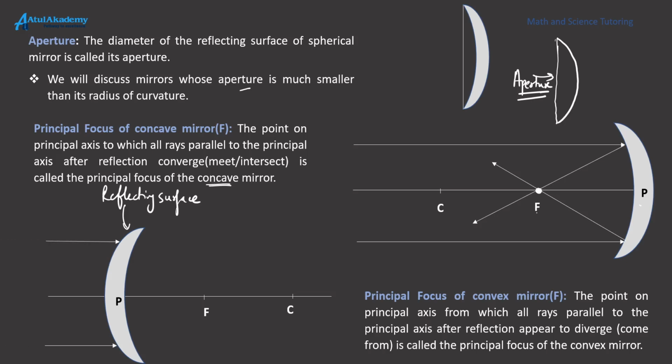After reflection they go like that, so they are reflected like this. Behind the mirror they just appear to meet. The point on the principal axis from which all rays parallel to the principal axis appear to diverge after reflection, they are not actually diverging from this point, is called the principal focus of the convex mirror.